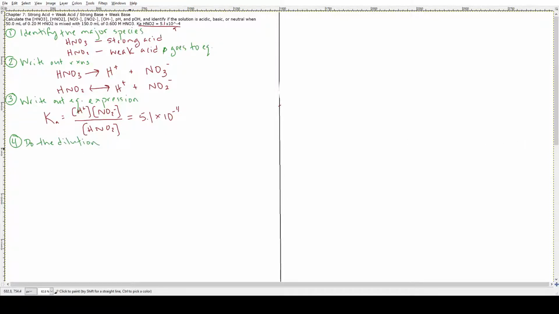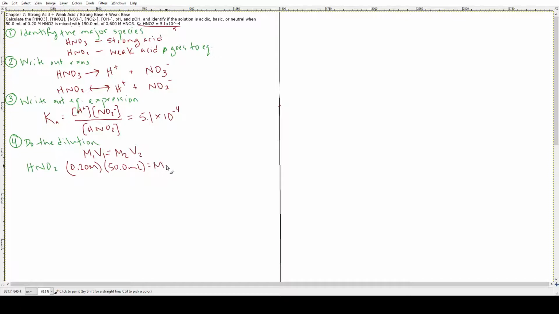My equation for dilutions is always M1V1 equals M2V2. I need to do this for both of my substances, so I'll have one for HNO2 and for HNO3. HNO2 starts off with a concentration of 0.20 and a volume of 50 milliliters.